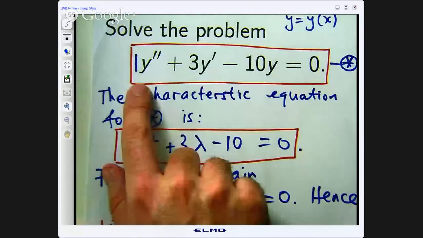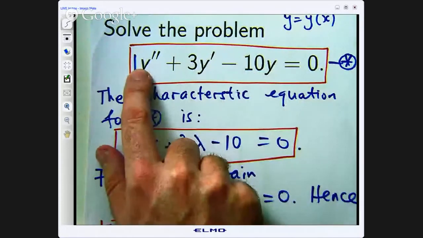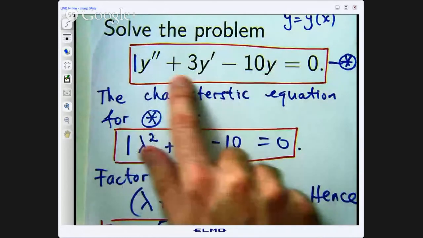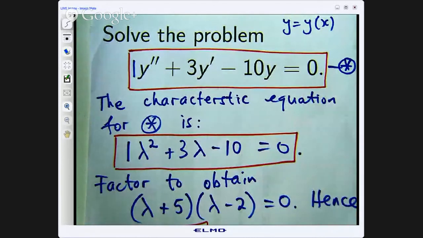Okay, so that was pretty simple, right? We actually didn't use calculus there. We just used a special quadratic equation called a characteristic equation, and we built that out of the original differential equation. Let me just recap. We were given this problem. The coefficients are all just real numbers. This is known as a second order linear problem. The 0 on the right hand side also means it's what's known as homogeneous.